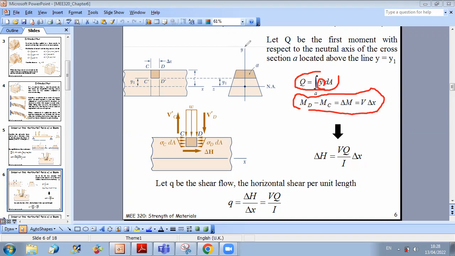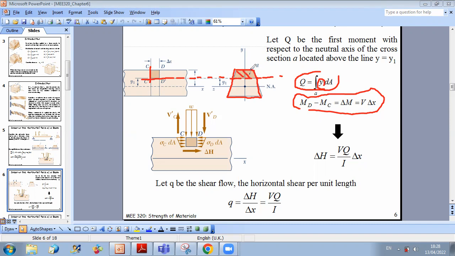So if you go back to this figure, you are integrating over this area. Let us see here, we show the element. So this is my cross section, let's say. The area of interest is limited at this level from C to C prime. So if I look at my figure, when I do the integral of y dA, it's relative to this area.